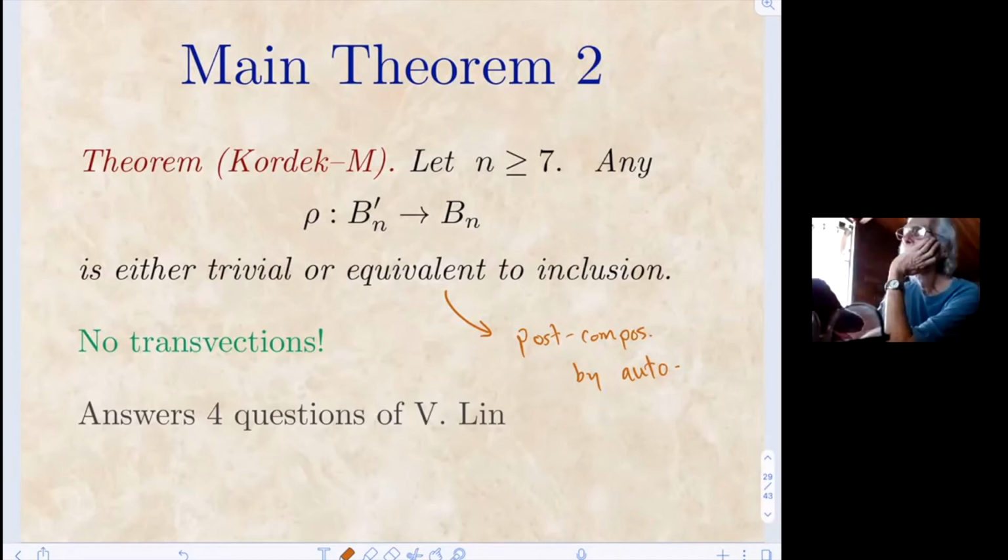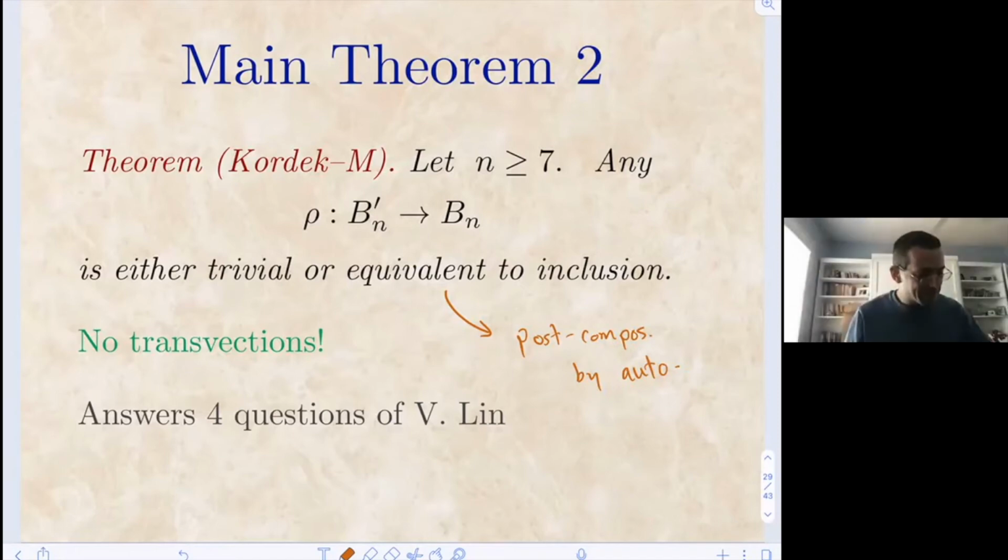The reason this follows from our other theorem, let me see if I can remember on the fly. Maybe someone else can see it faster than me. So we want to understand homomorphisms from Bn prime to Bn.